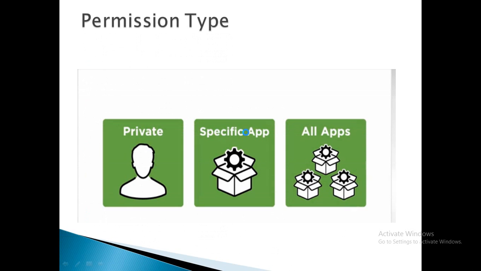Here are the three types of permission on the application. Private application means if one user creates that application, then that is accessible to that user. Another thing is the knowledge object.